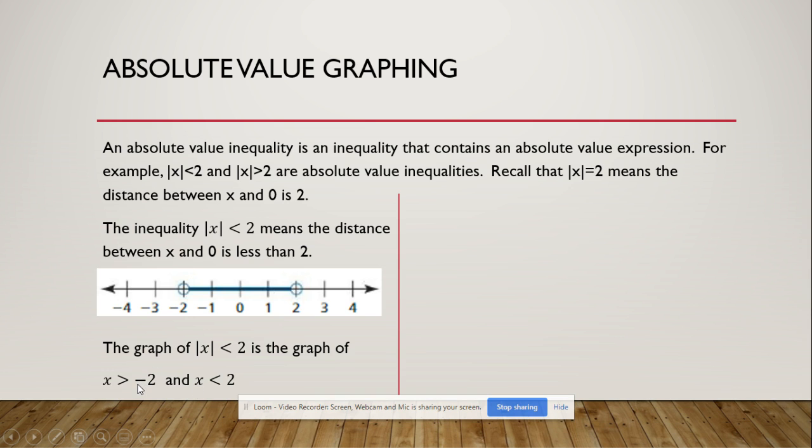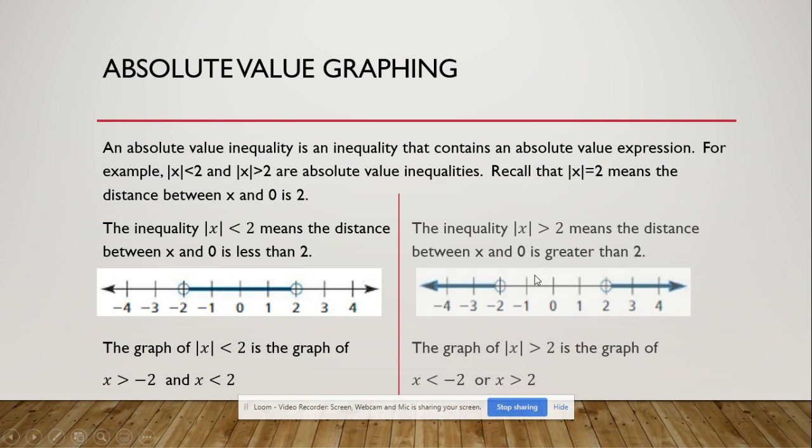With the one on the left, there is a bit of a change. We took off the absolute value, we changed from less than to greater than, and we took the +2 and we changed it to a negative. Okay, keep that pattern in mind because that pattern is going to repeat a lot, and you being able to see it is going to help you in this work.